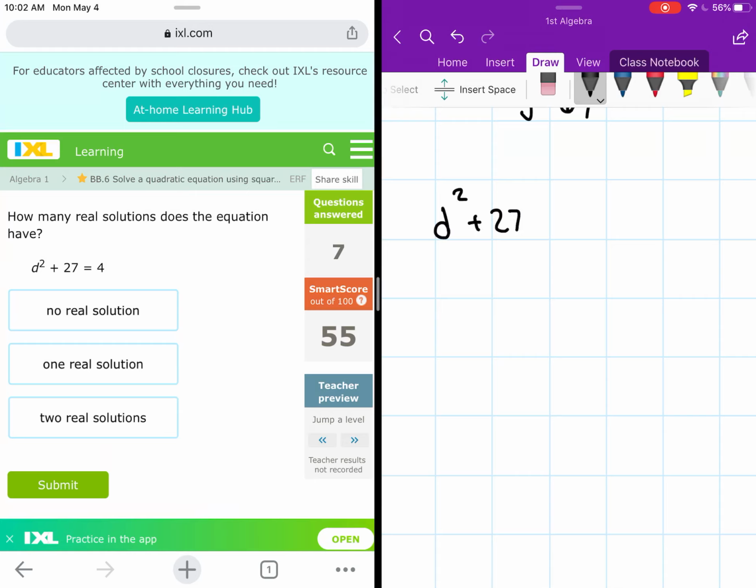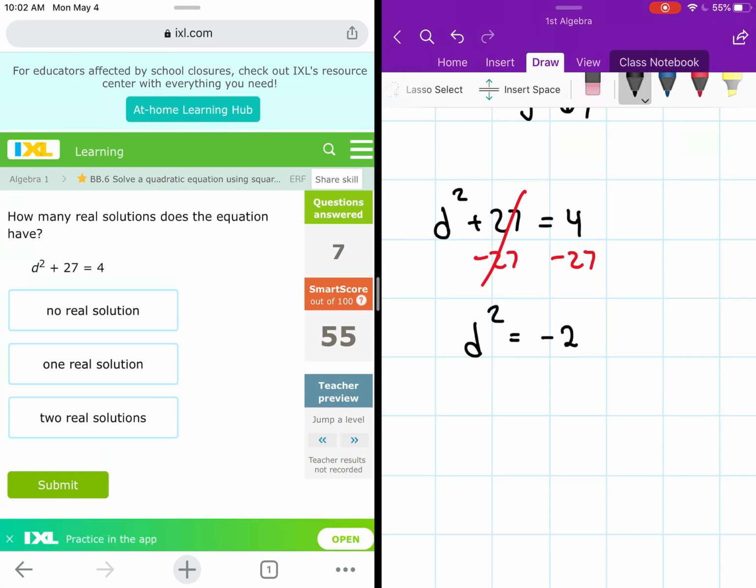You have d squared plus 27 equals 4. Our first step, subtract 27. So you'll have d squared equals 4 minus 27. That is going to give us negative 23. Sorry. Then we take the square root of both sides.